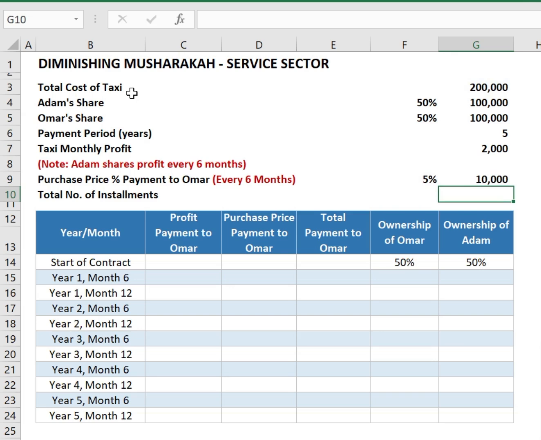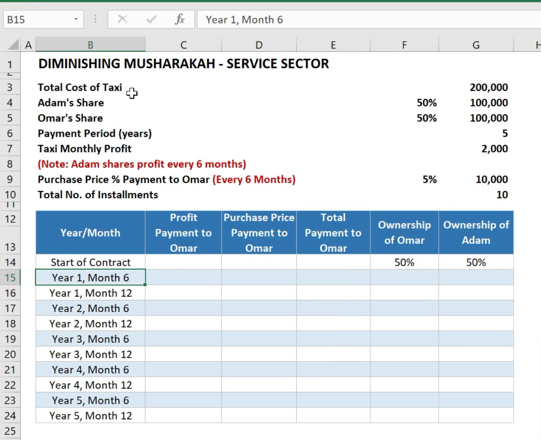With respect to the total number of installments, considering that the payment period is 5 years and there is an acquisition of the interest twice a year, we simply multiply the number of years by 2, and therefore the total number of installments is 10.